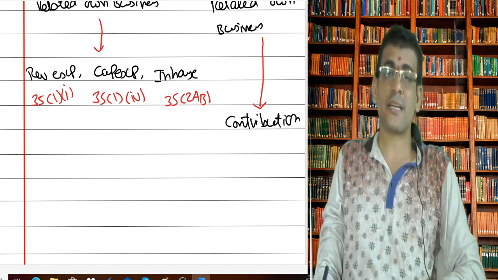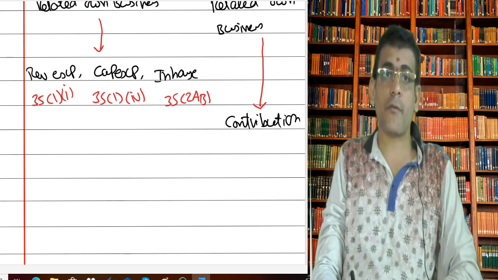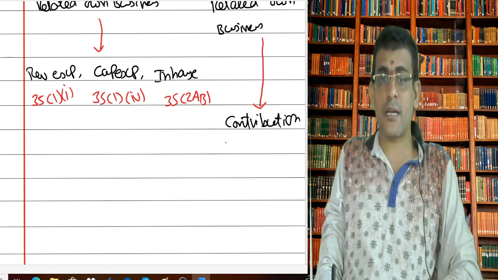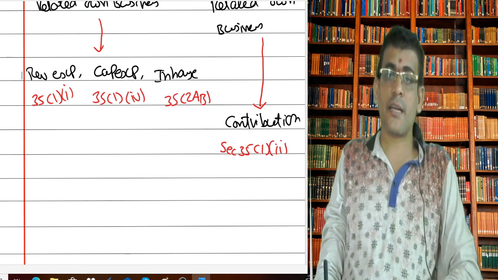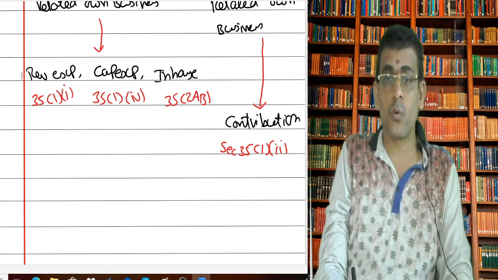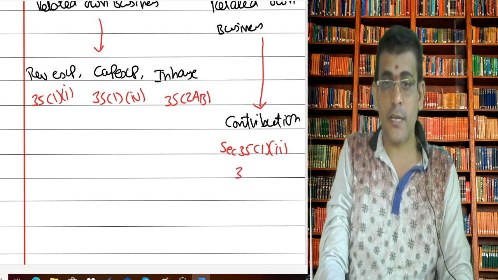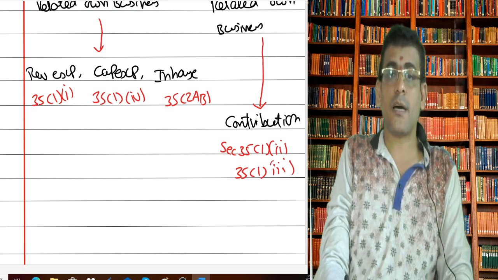So here we need to understand four sections. Let us see one by one. Section 35 subsection 1 clause 2 is the first one. Then we need to look into subsection 1 clause 3, which is the other contribution.